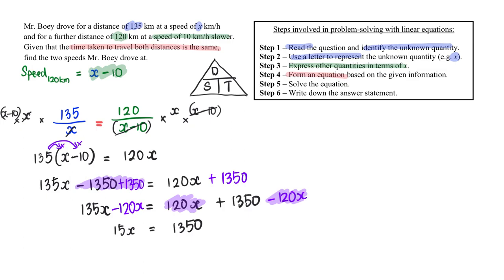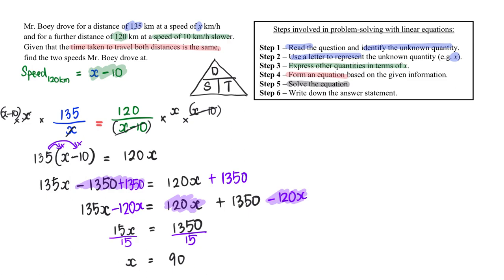And I'm going to divide by 15 on both sides, such that I will eventually get my x. x will be equal to 90. And once I have x equals 90, then I will be able to find the other speed, which is 10 kilometers lower. So actually I have successfully solved the equation.